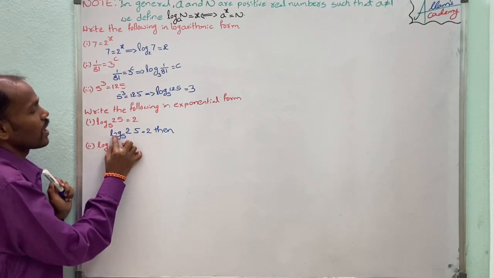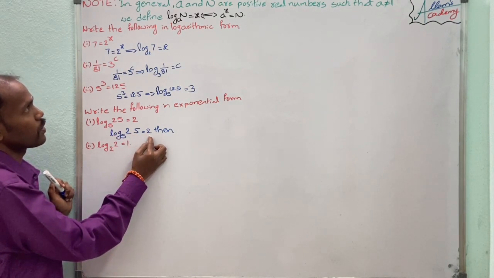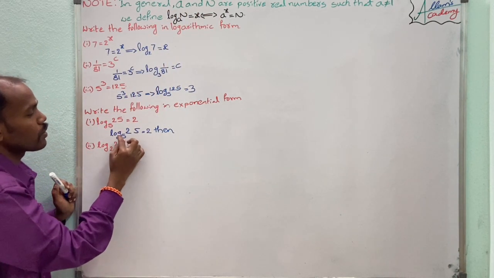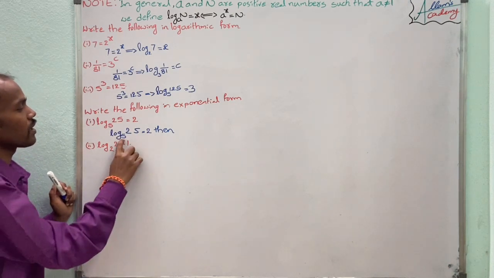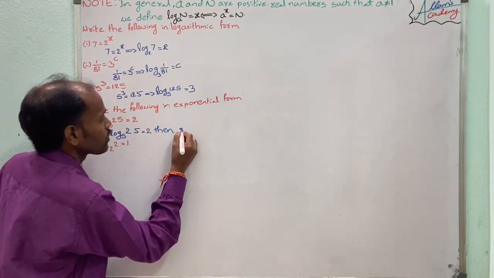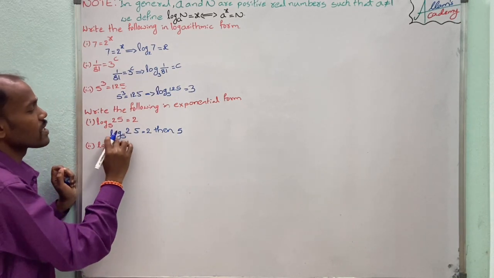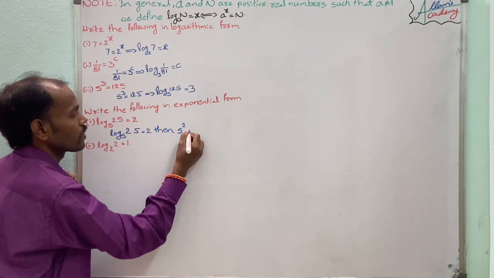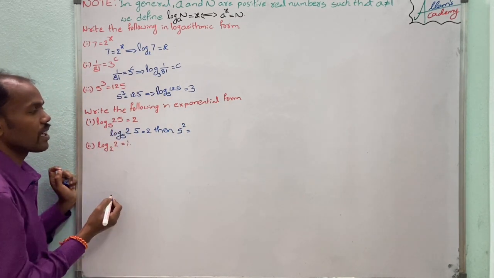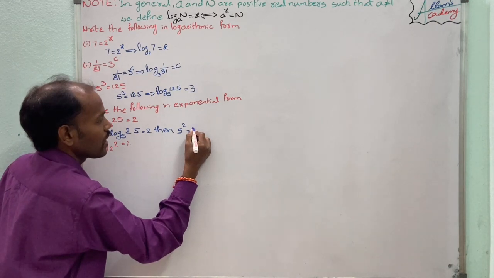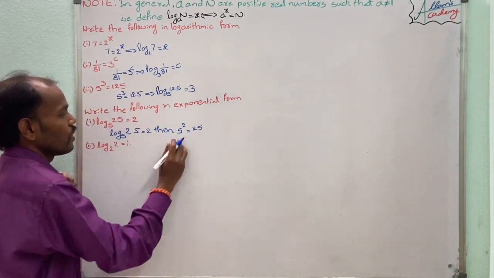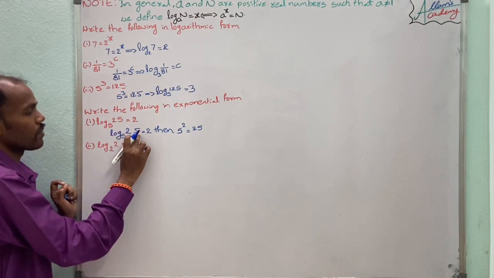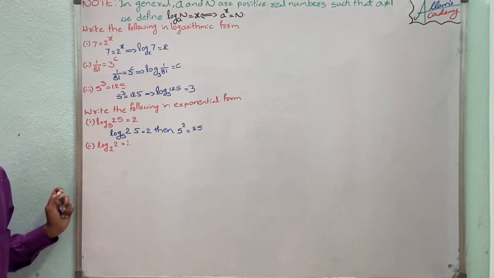Here the base is 5, and the result of this logarithm is 2, which is written as the exponent: 5 power 2 equal to the number after log, 25. So 5 square equal to 25. This is the exponential form of log 25 base 5 equal to 2.